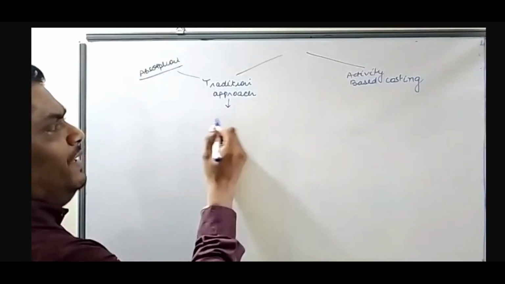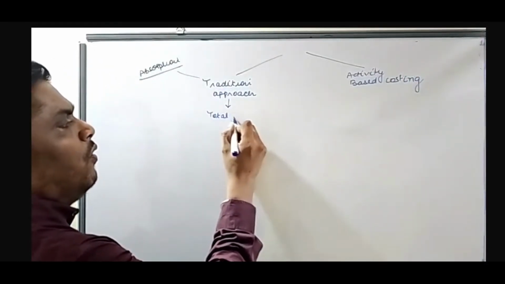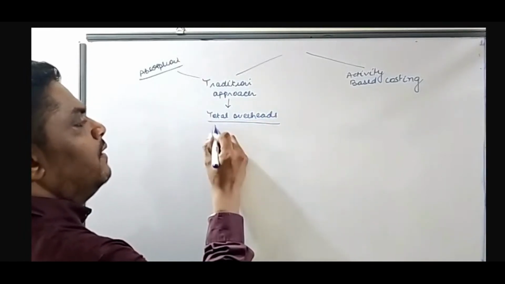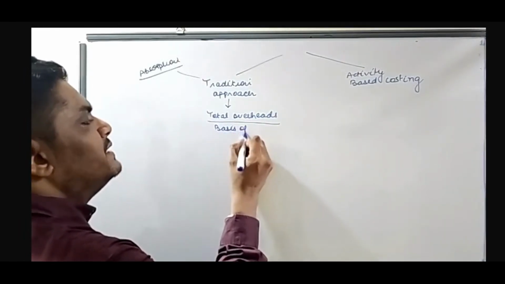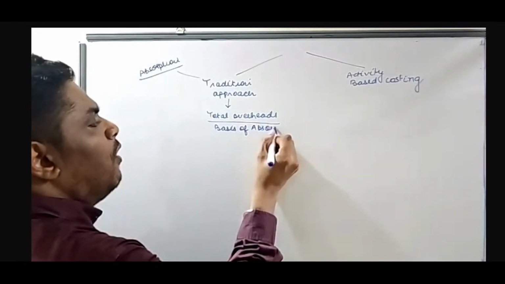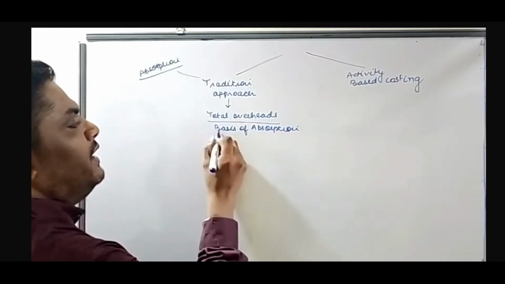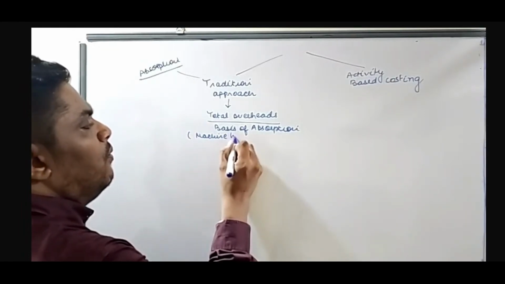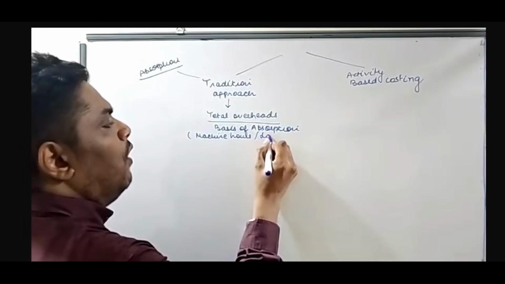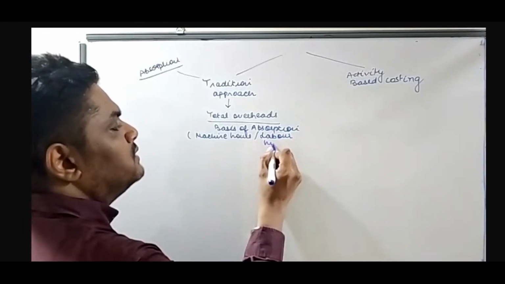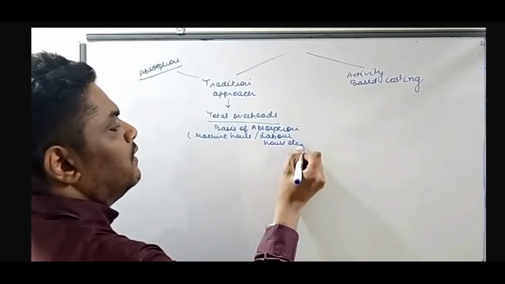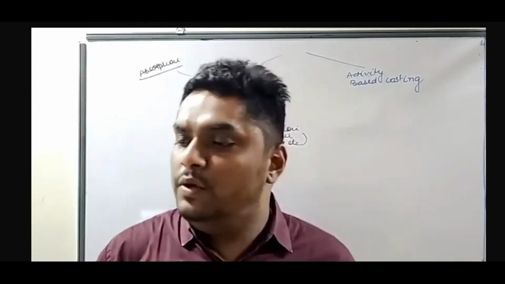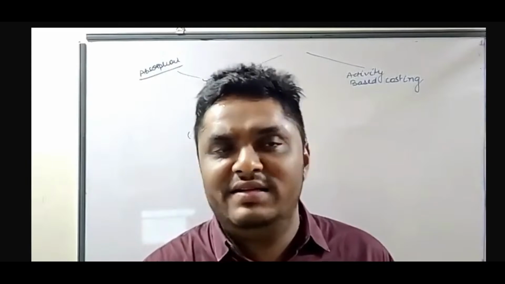In the traditional approach, it is very simple: total overheads divided by basis of absorption. It can be either machine hours or labor hours, etc.